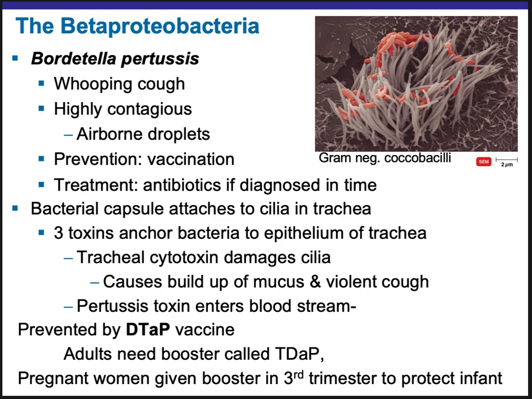But one of the even more important reasons that adults need to continue to get these boosters from time to time is so that when you're around babies who haven't yet had their vaccine, they're not old enough yet because their immune system's still developing, you would know that you're not going to give it to them because you're immune yourself, right? So that's the biggest reason for adults to get their booster.